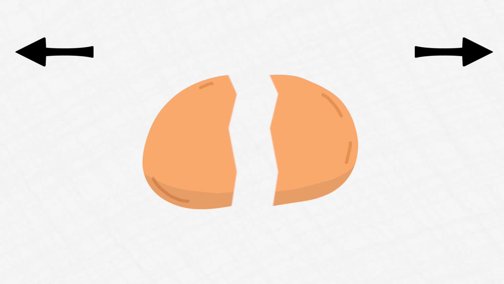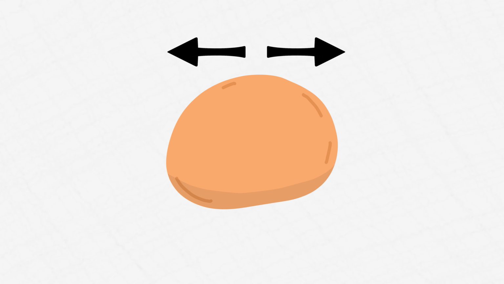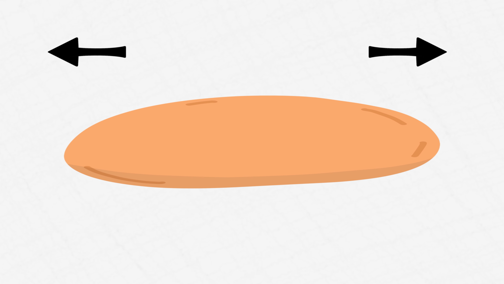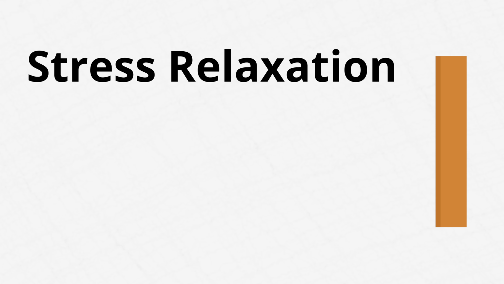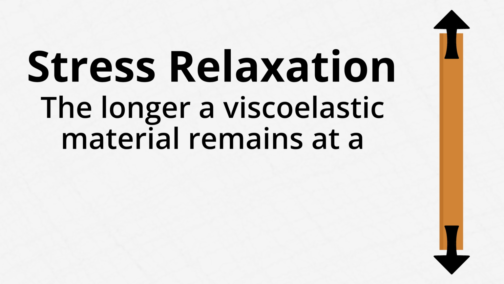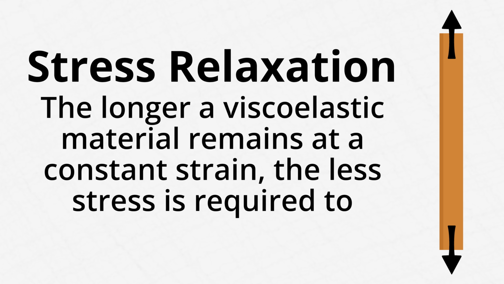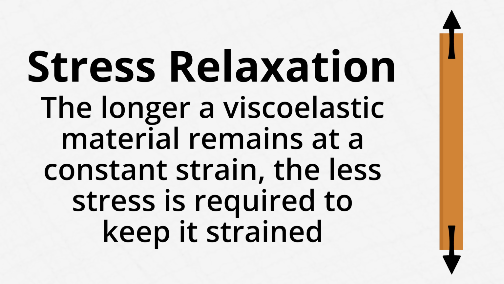Applying a force quickly usually results in a more elastic response, while applying a force slowly results in a more viscous response. These materials also experience stress relaxation, meaning that the longer they remain at a constant strain, the less stress is required to keep it at that strain.